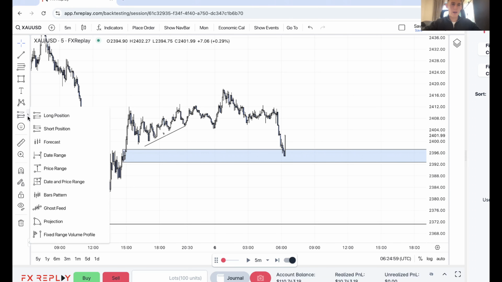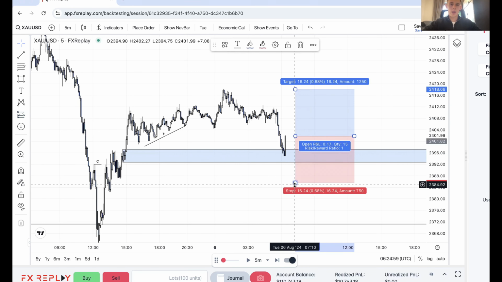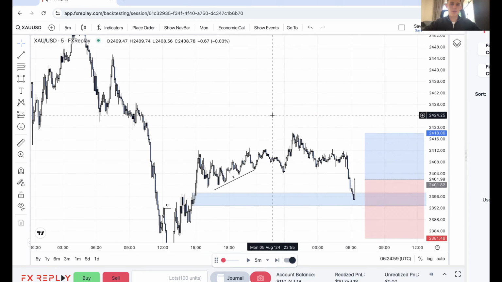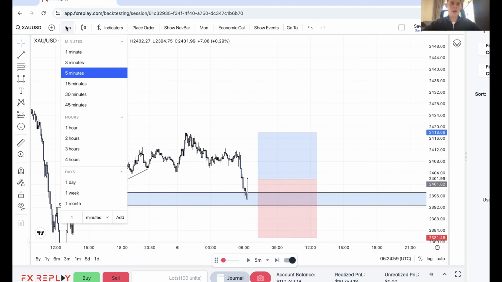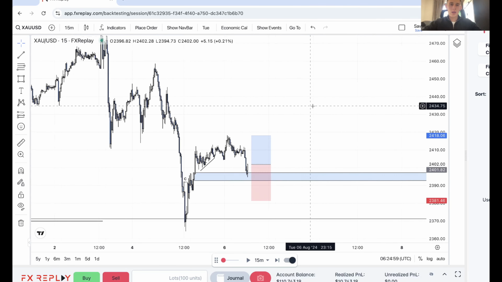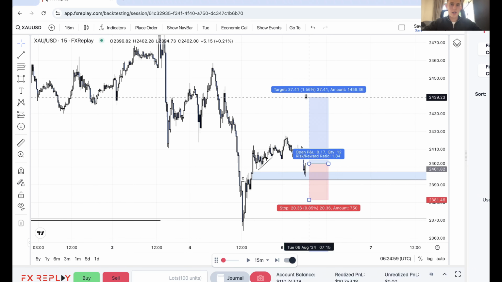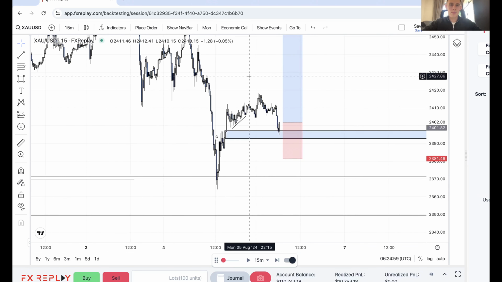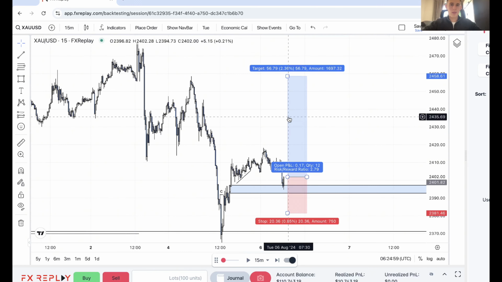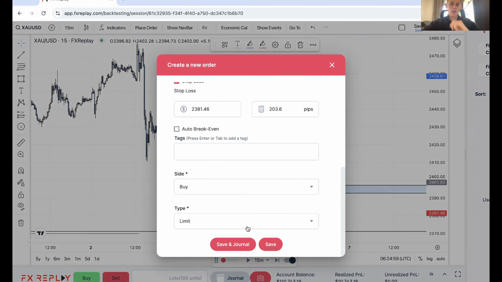There we go. I'm going to buy from this zone. A bit of a wider stop loss. And we can target this high up here. Yeah, so I'm going to set this.